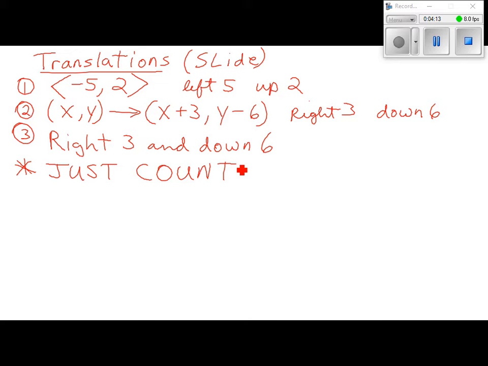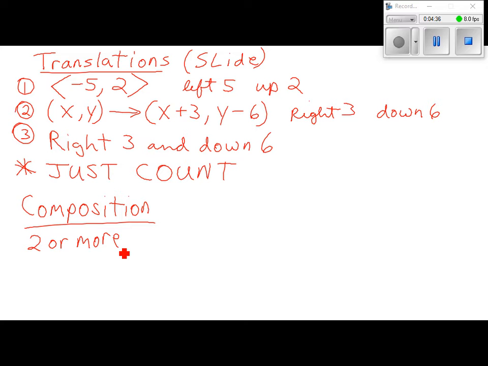The other thing that I might write up here before I erase this, because we talked about this, same time we talked about translations. What's a composition? When you're doing more than one of the steps. Okay, so 2 or more. What's the big word that we used at the very beginning?